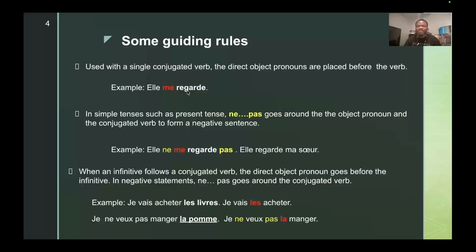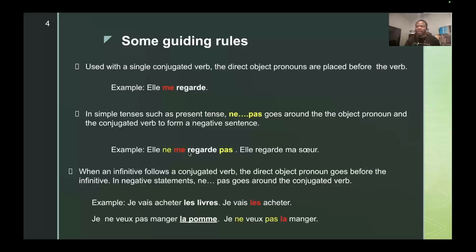But when we are using a direct pronoun, the rule says that the pronoun is placed in between the conjugated verb and the infinitive. Like here, je vais les acheter. I'm going to buy them. So the les here is now placed before the infinitive. Remember, when it is a single conjugated verb, it is placed before that verb.